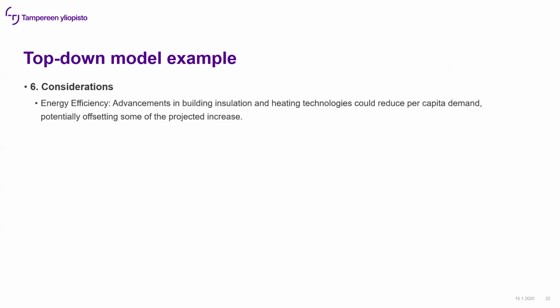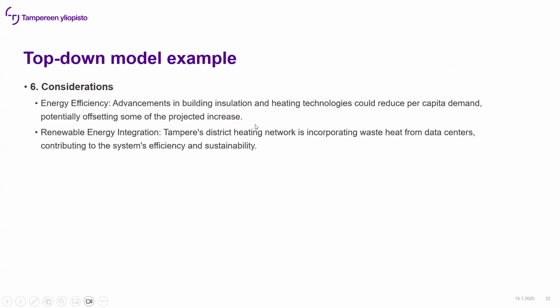So the considerations: advancement in building insulation and heating technologies could reduce per capita demand, potentially offsetting some of the projected increase. So if the increase in the efficiency is larger than we expected. Renewable energy integration. That doesn't necessarily mean that it might be contributing to the system's efficiency and sustainability.